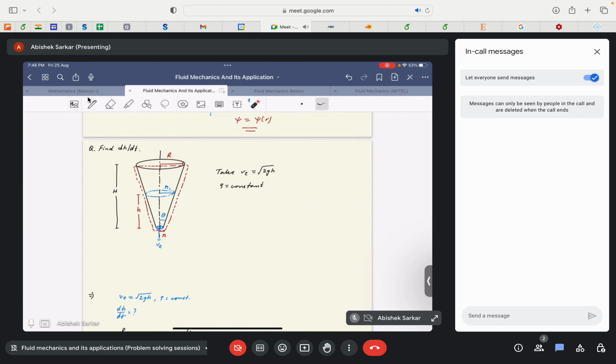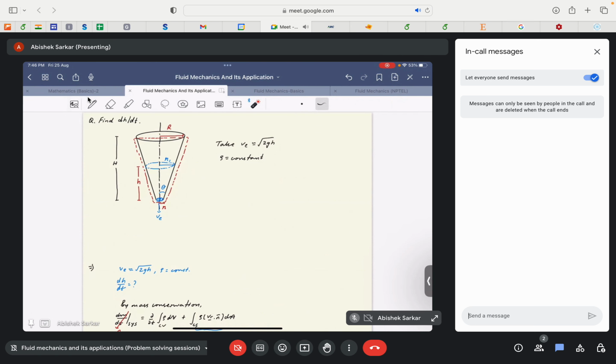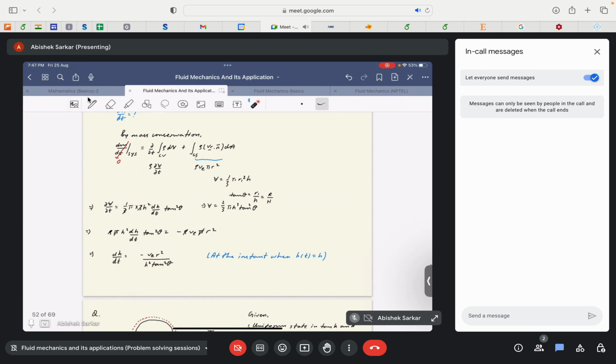This red dotted line defines our control volume, where capital R denotes the radius of the cone, the bigger radius, basically at the inlet. So this is the radius of the cone, and smaller is the radius of the cone at the exit. Since rho is constant, rho can be taken out, and the integration of dV will basically give us the volume of our control volume.